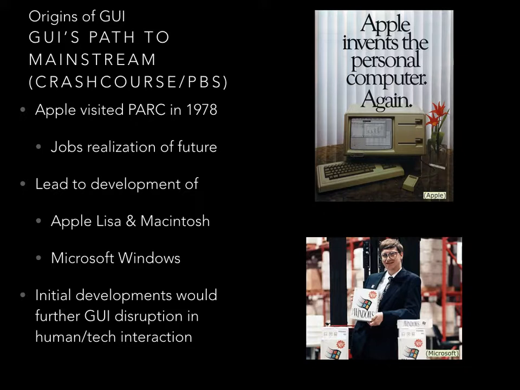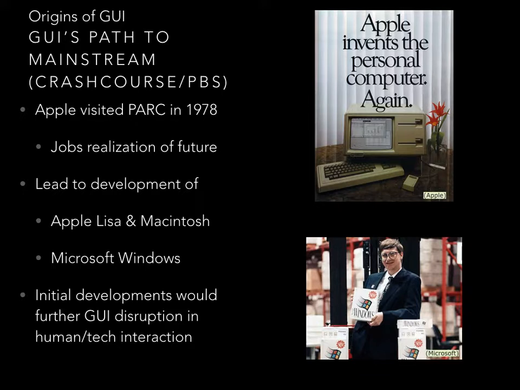At the time, you needed to know how to input commands properly into the computer system. What this did was give Jobs a visualization that you could develop this GUI that made it accessible to more people, which would drive up demand for your product.